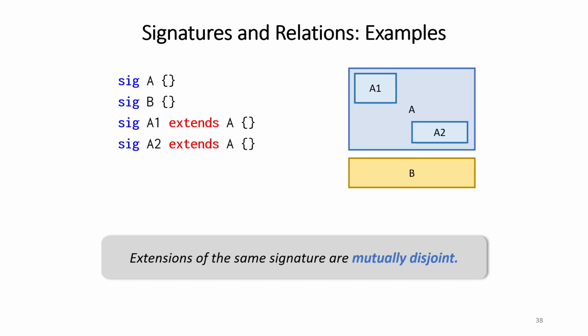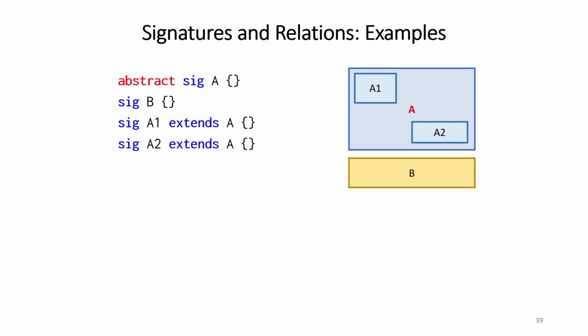But that's exactly, I think, what we usually have in programming languages like Java, where you can't have multiple inheritance. Otherwise, you have, like in C++, sometimes this diamond problem, as it's called, because you could have something that is in both sets, and that's usually tricky. So here 2 extensions of the same signature will never share an atom.